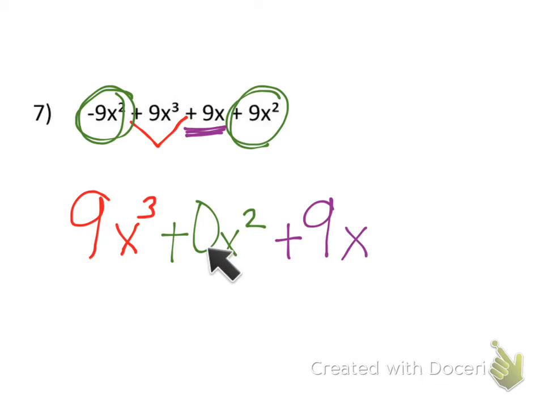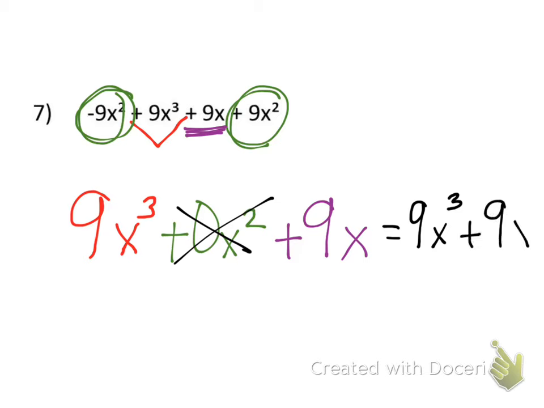What is 0 times anything? 0. So do I need the x squared part? No. You could just put plus 0. But is adding 0 changing anything either? No. So you actually don't even need to write that. You can just skip this guy altogether. Again, because multiplying by 0 gets rid of the variable, and adding 0 doesn't change anything. So really the only time you need to write the 0 is if it's the only thing you have left. If you're just adding a 0, it's not important.